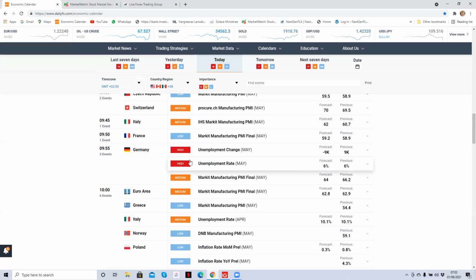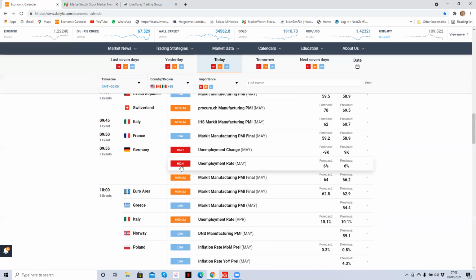As usual, there are 4 reports that are always significant: the gross domestic product, GDP, interest rates, consumer price index or inflation rate, and unemployment rate. Those 4 reports are always of high importance.